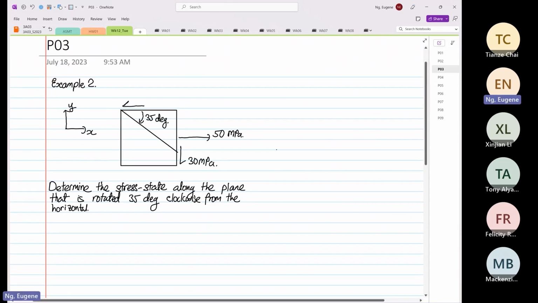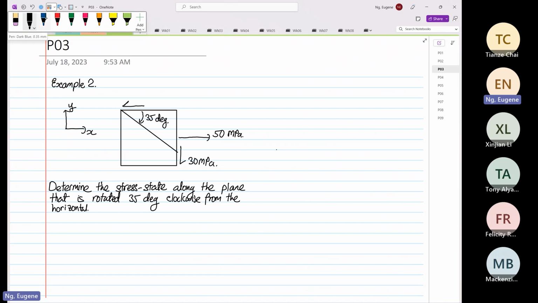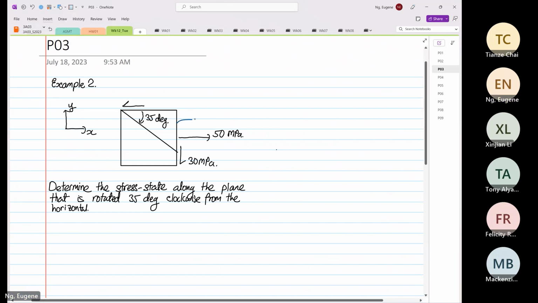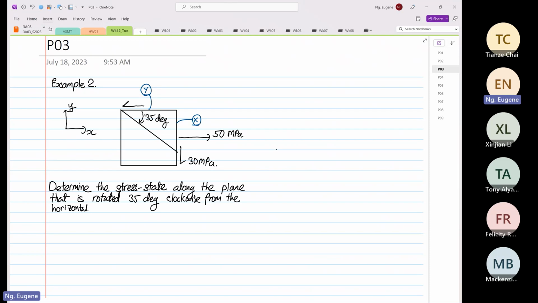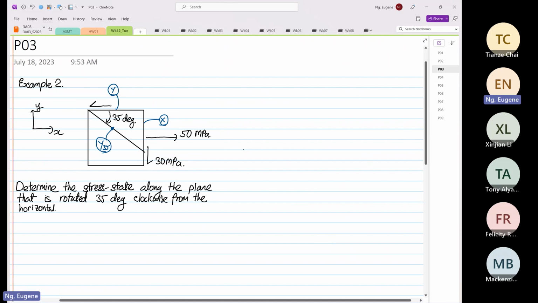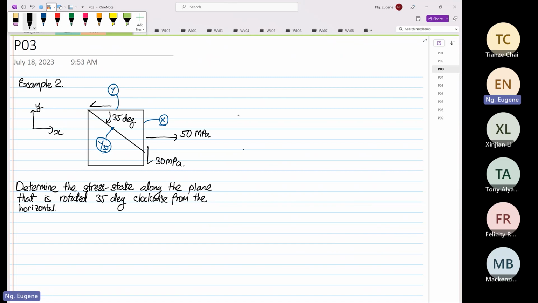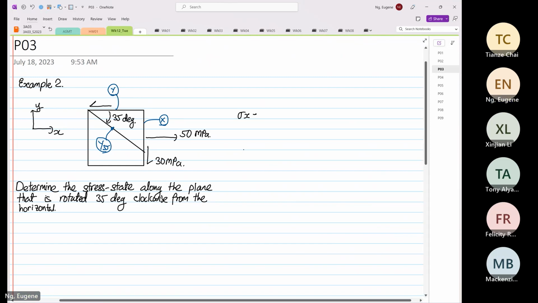Okay. So now what we're going to do is label this as X, Y. And because the plane is rotated from Y, I'm going to call this plane Y35. So we know our stress X is equal to 50 megapascal.